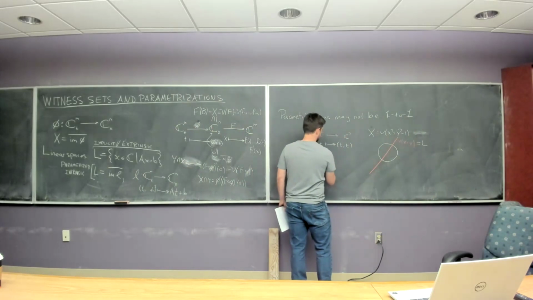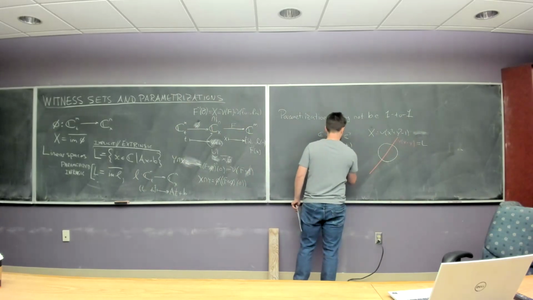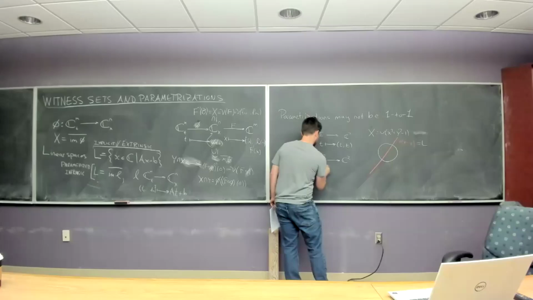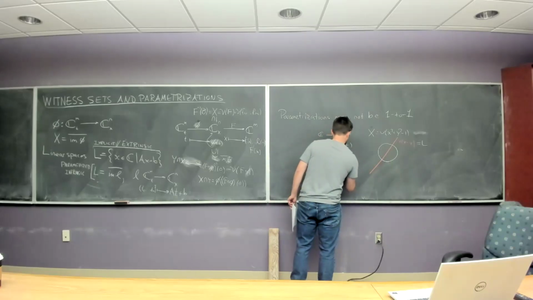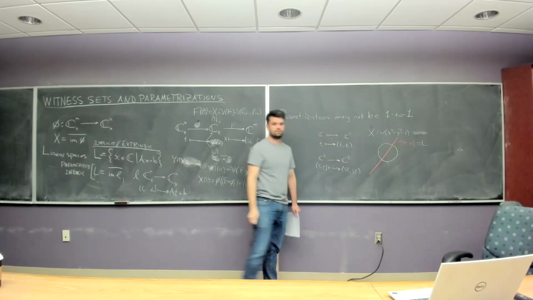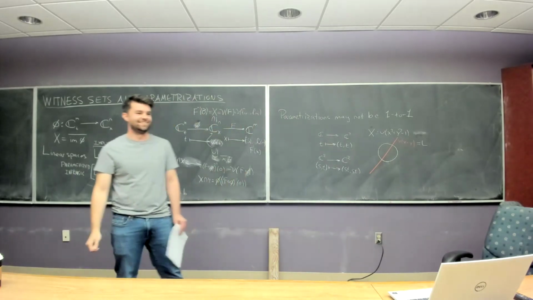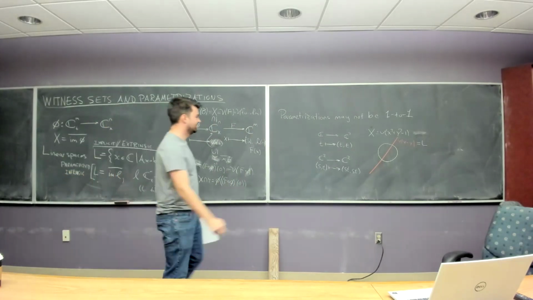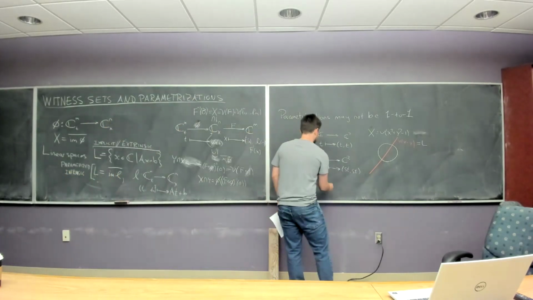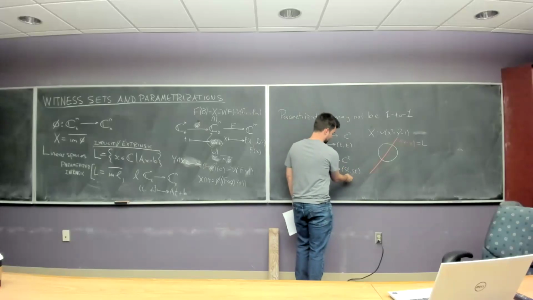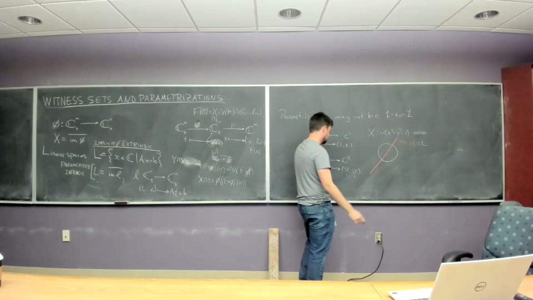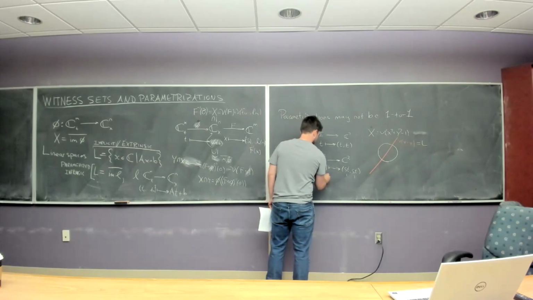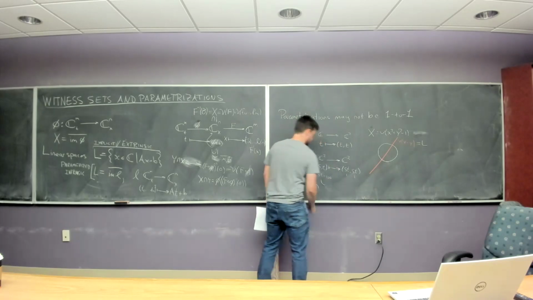I'll now give you a map from C squared to C squared, whose image is also that line. So if somebody gives me (1, 1) here, well, the preimage of that would be st minus 1 equals 0.